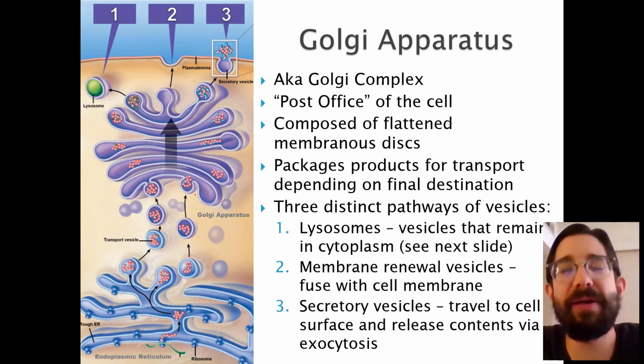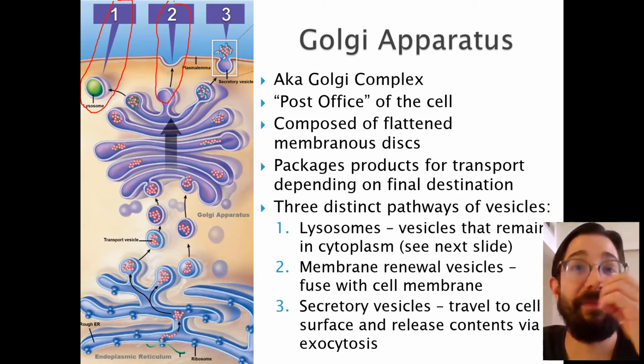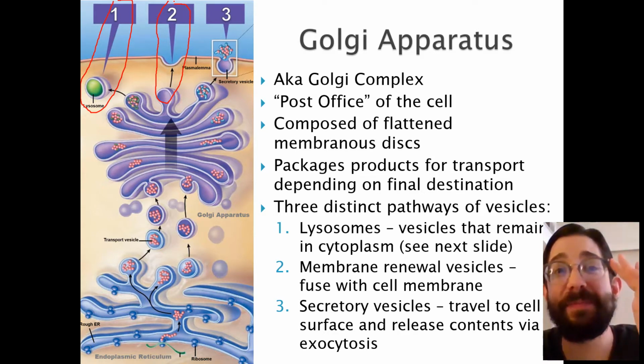And then there's three possible outcomes here. One option is the vesicle becomes a lysosome, and it's going to stay inside the cell. We'll talk about lysosomes on the next slide. A second option is that the vesicle fuses with the cell membrane.